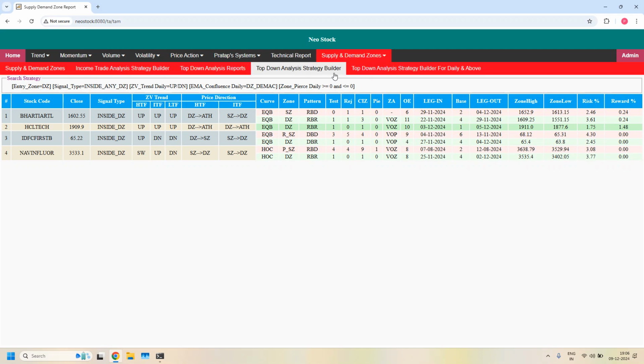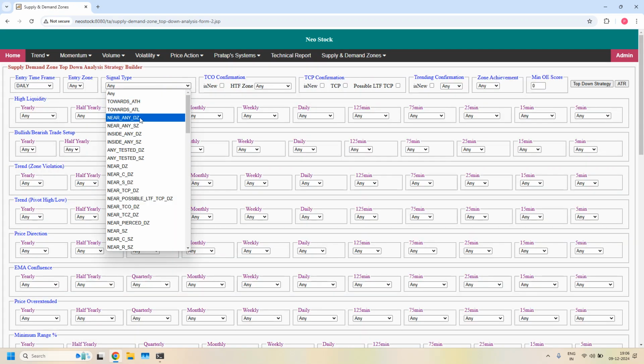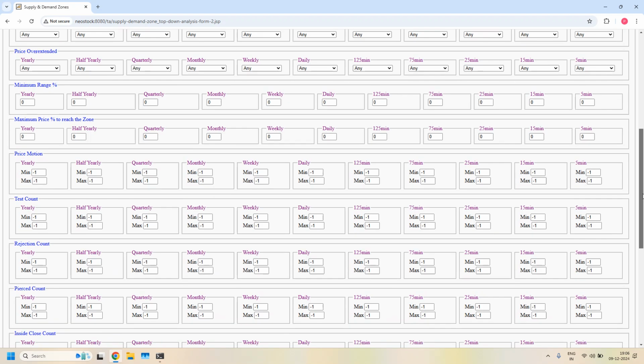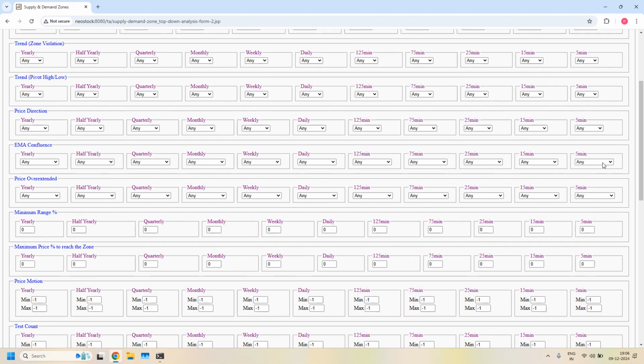Okay, next for daily time frame. Price closed inside daily supply zone. These daily supply zones should not be pierced. So in the pierced count at a daily time frame, I am setting minimum value 0, maximum value 0. That means daily supply zone should not be pierced.